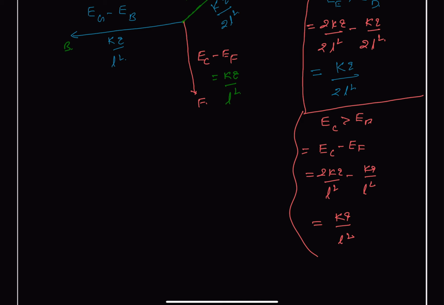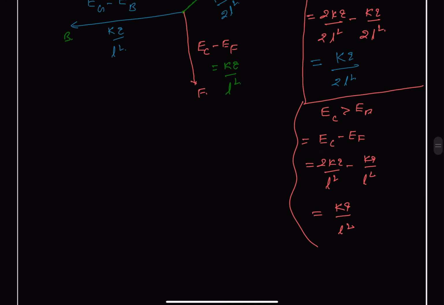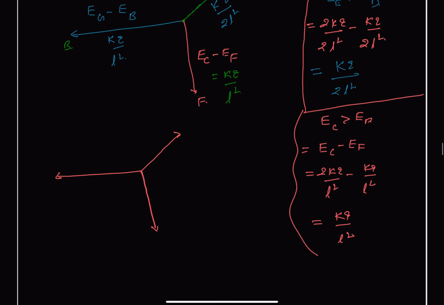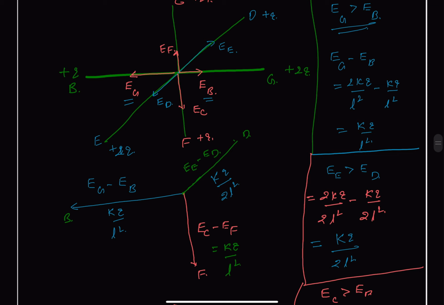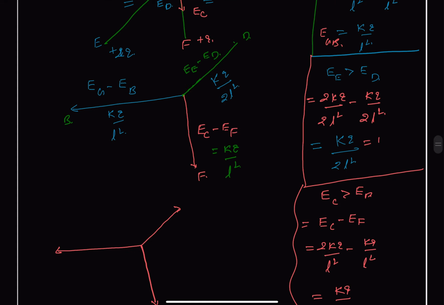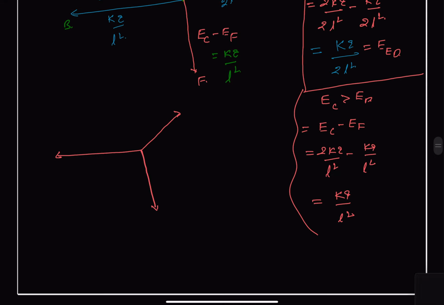And let me draw this cleanly. So we have these 3 electric fields, and this difference of EG and EB, let me call this as EGB, and let me call this as EED, and finally let us call this as ECF.